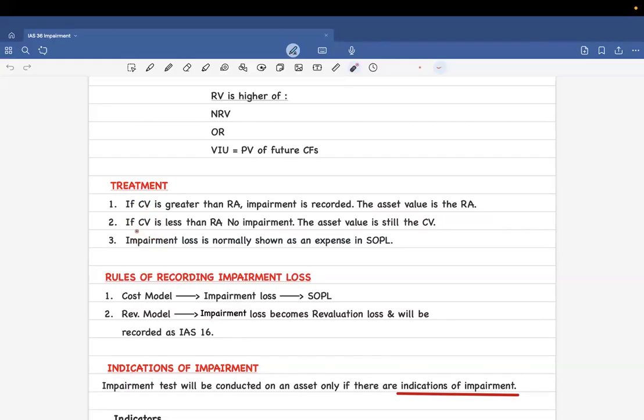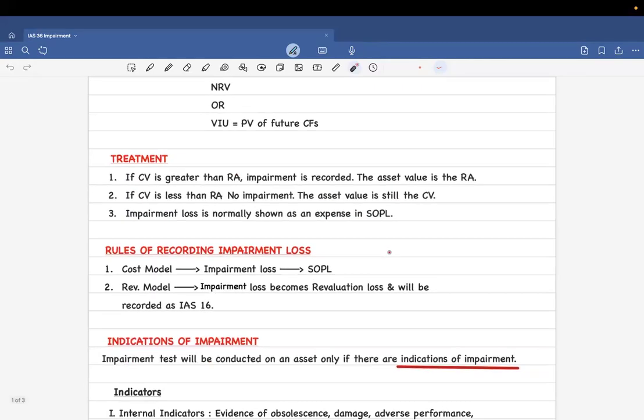That means the asset has greater value now. Then we're not going to record any impairment. The asset is going to stay at the carrying value unless you are opting for the revaluation method. The third treatment is that if there is an impairment loss, it is taken as an expense in SOPL. Clear now?